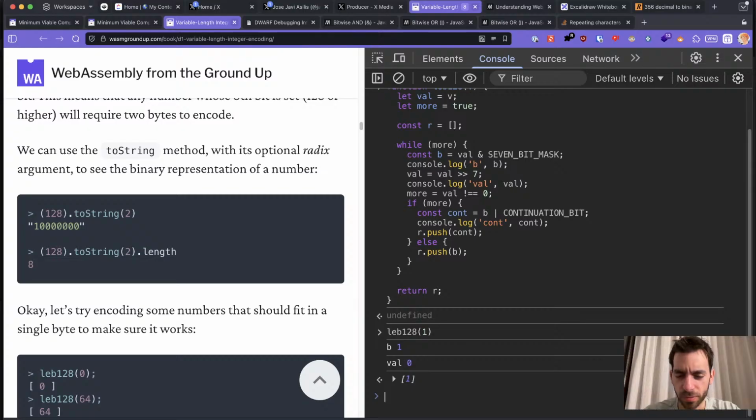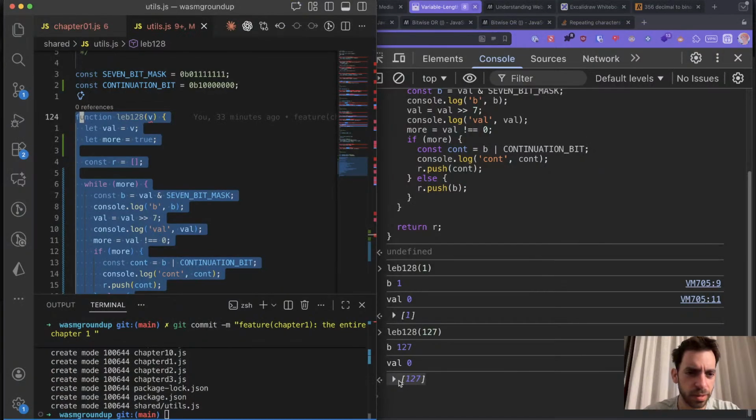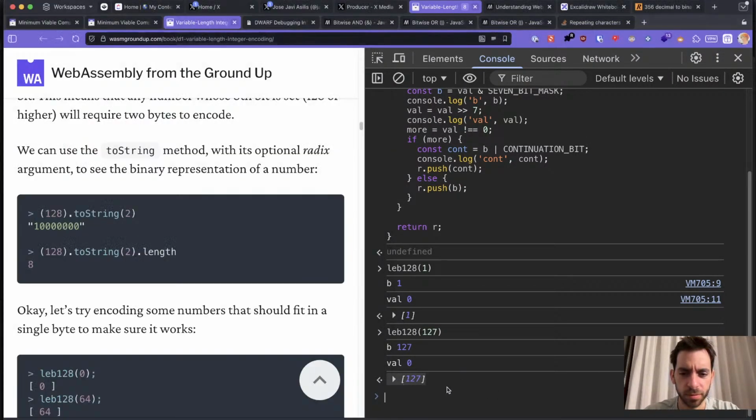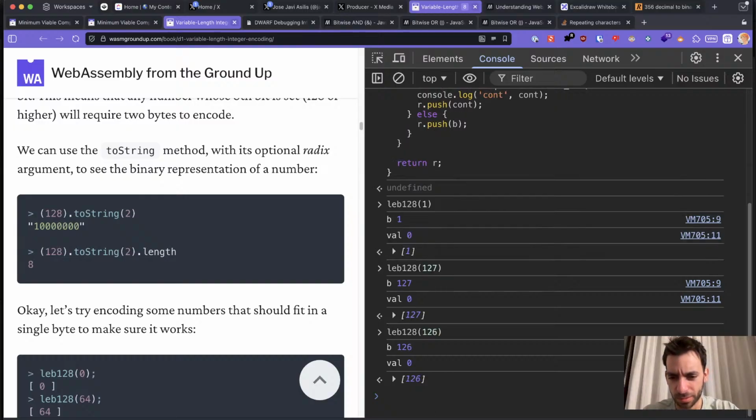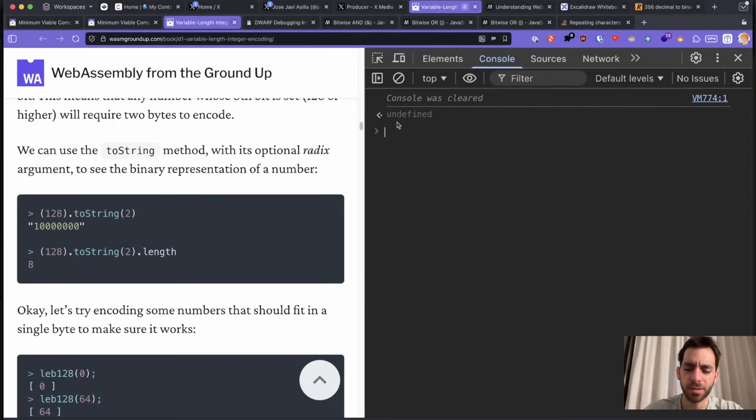B equals 1. Okay, 127. Val equals 0. And right, 26. Why is val 0 again? Oh, because yeah, it just shifts 7, right?